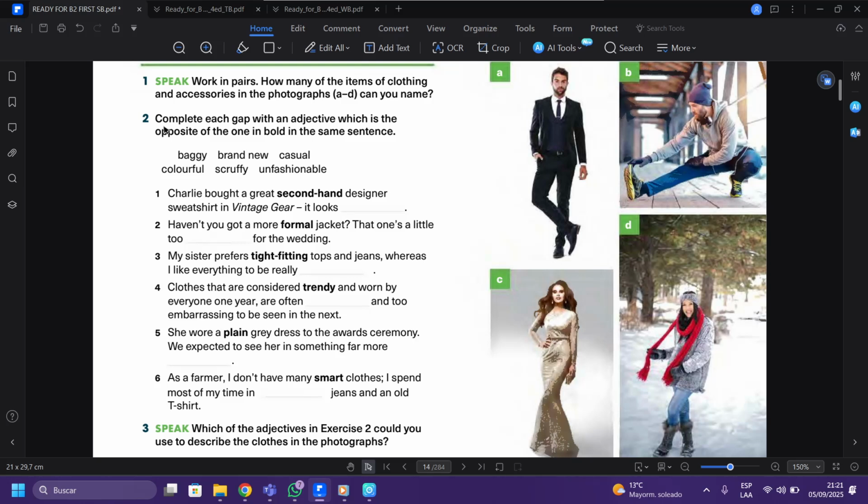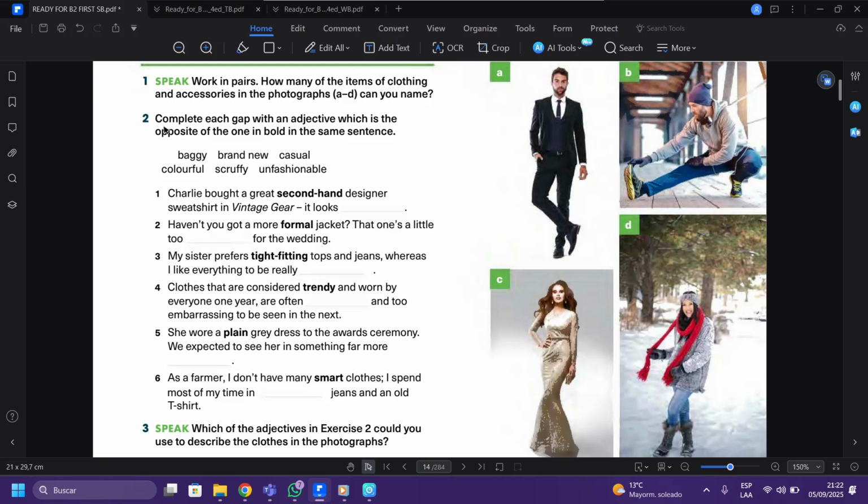And we have baggy, brand new, casual, colorful, scruffy, and unfashionable. Yes? And we have 6 sentences. And what you have to do here is to help me out to fill in the gaps with those adjectives. Let's go with the first one.